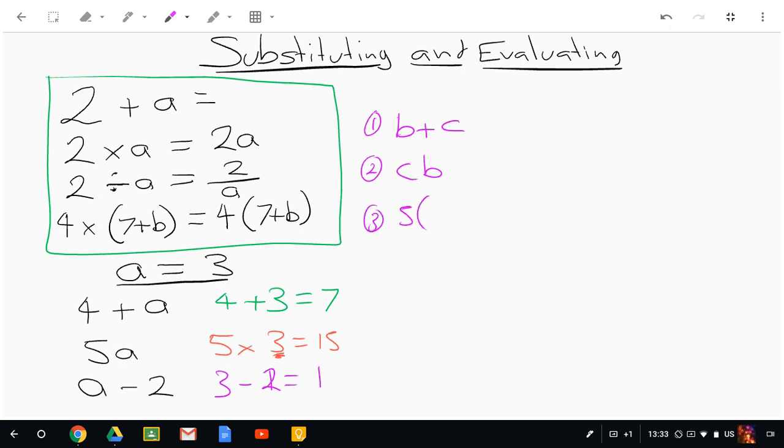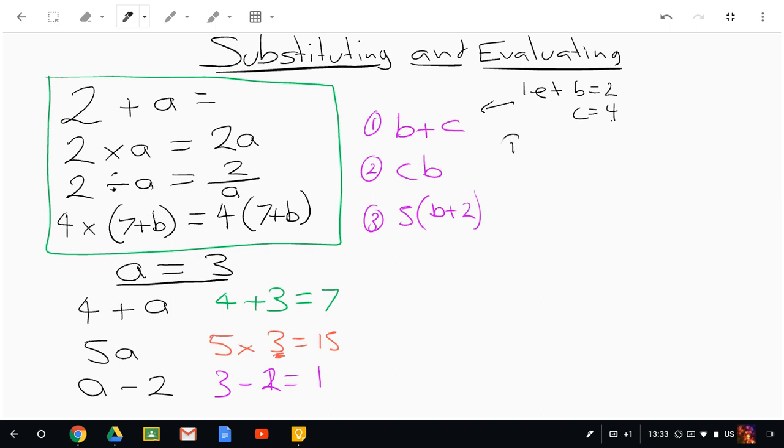Now, if I say let b equal 2 and c equal 4, I then do these equations but substitute in b equal 2 and c equals 4.